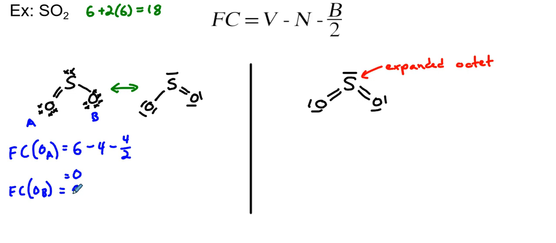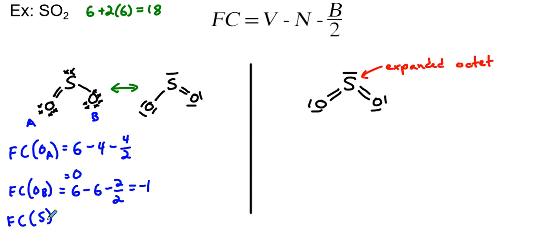So again, oxygen has 6 valence electrons. This one has 6 non-bonding electrons, and it only has 2 bonding electrons, and it controls half of those. So 6 minus 6 is 0, and minus 2 over 2 is negative 1. And I'll now do the sulfur as well.